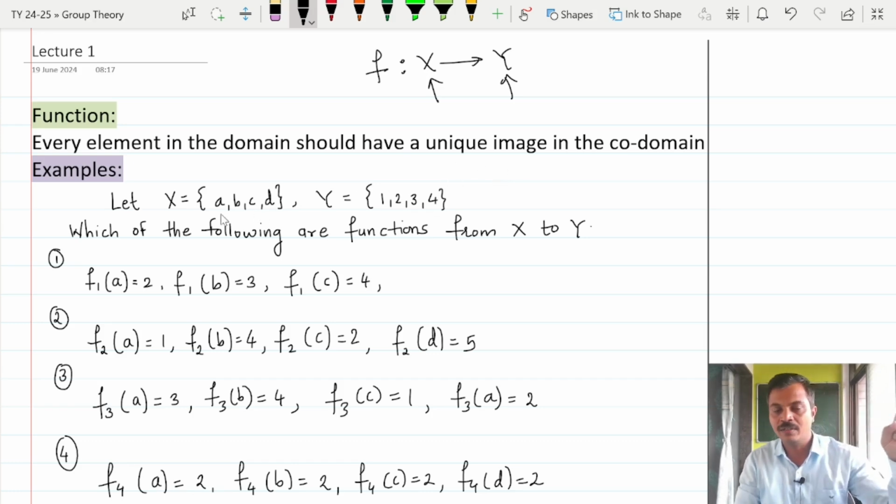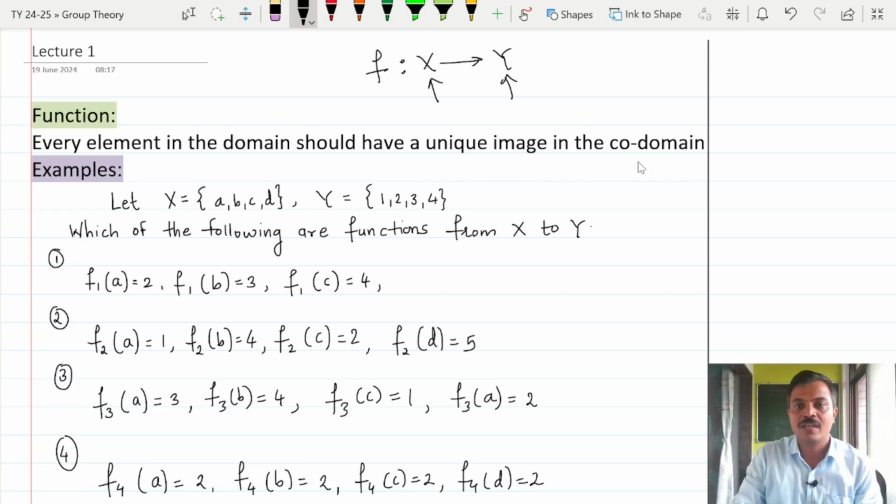Means one element in the domain should have exactly one image. And remember, every element should have an image, and every element further should have only one image, in fact, exactly one image. And remember that image should be in the codomain also. Sometimes what happens is every element in the domain is having an image, but that does not lie in the codomain.